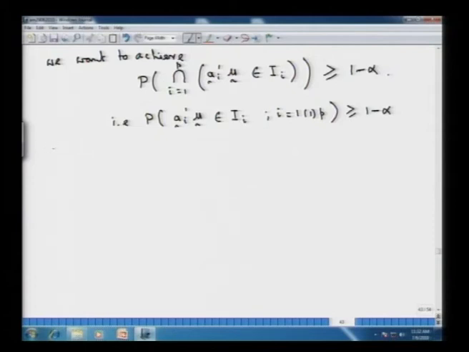Let us take an example and then try to illustrate how this type of problems, this type of simultaneous confidence intervals are achieved.